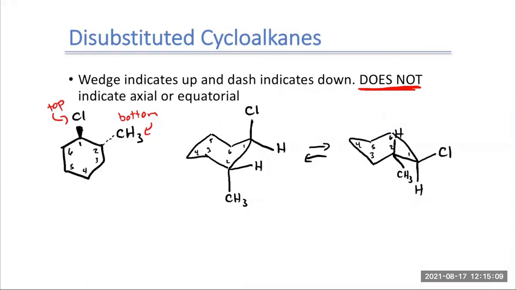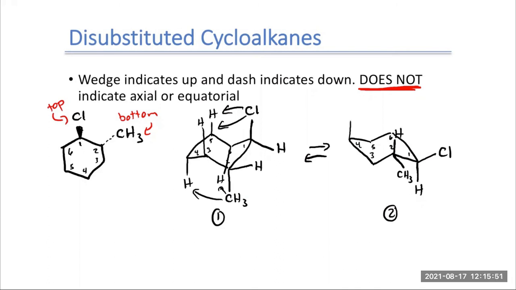And so if we wanted to predict which one is more stable, we can start to do that. Because think about your 1,3 diaxial interactions. With our first compound here, compound 1 versus compound 2. Compound 1 has two groups that are axial, which means my chlorine is going to have 1,3 diaxial interactions on the top and my methyl group is going to start having 1,3 diaxial interactions on the bottom. So this has a lot of interactions happening.